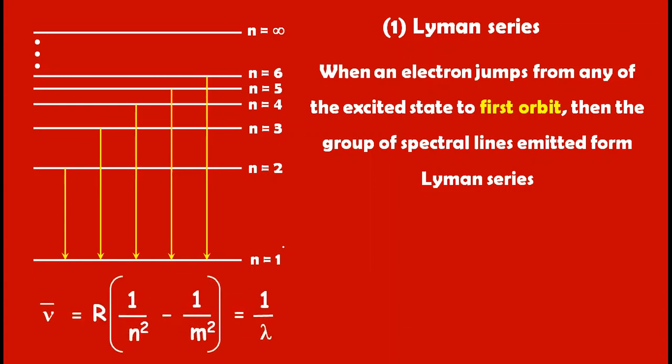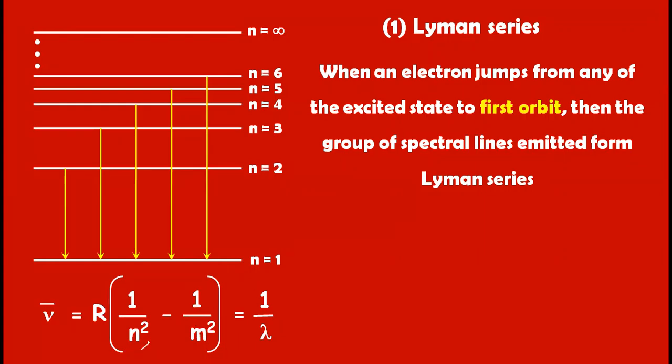We know that nu bar equals R into 1 by n square minus 1 by m square, which in turn is equal to 1 by lambda. Now, what is the principal quantum number of the lower energy level involved in the Lyman series? It's n equal to 1. You can see the electron is jumping to the first orbit, so I'll be taking n as 1.